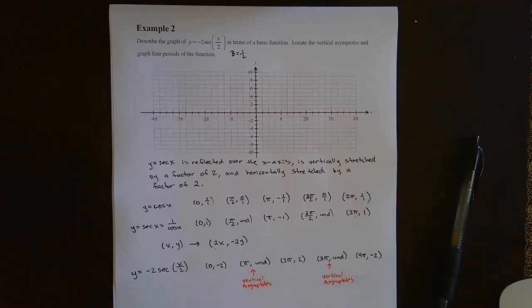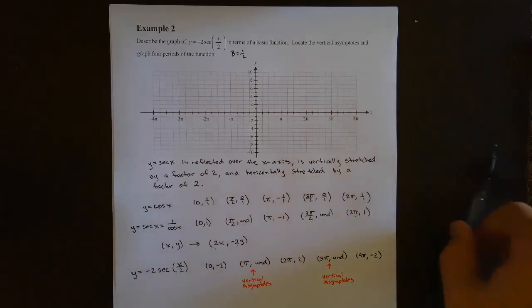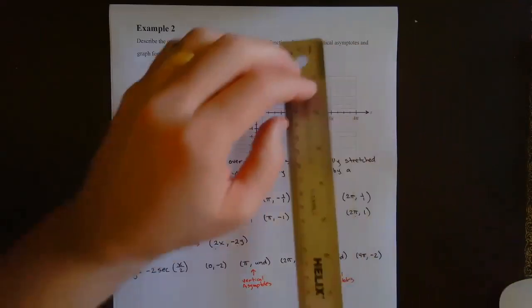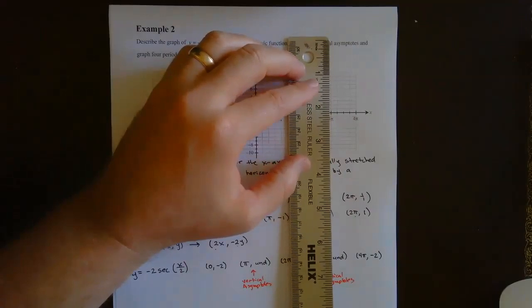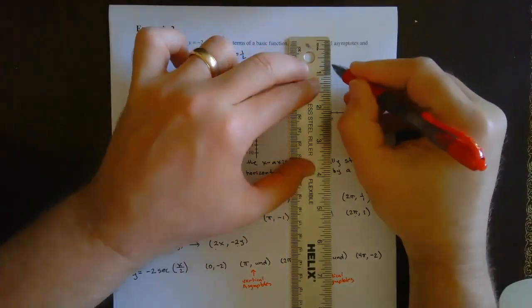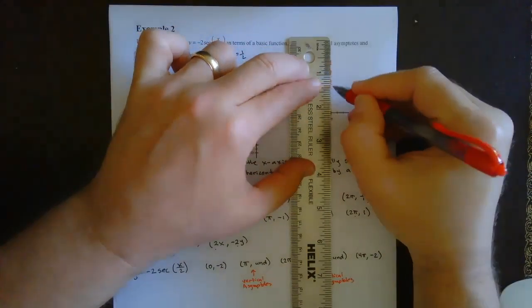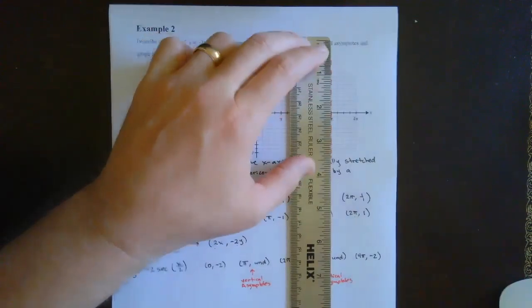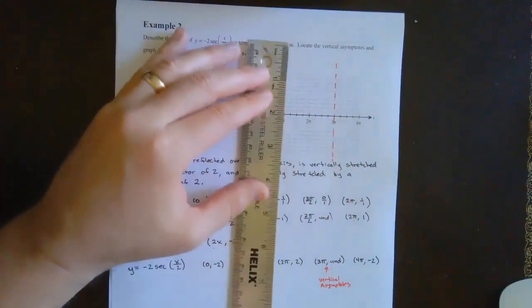Once we get a couple of these, you're going to start seeing where all the vertical asymptotes are placed. We know we have a vertical asymptote at 3 pi, so that's over here at 3 pi. I'm going to graph that vertical asymptote in. I also have one at pi.